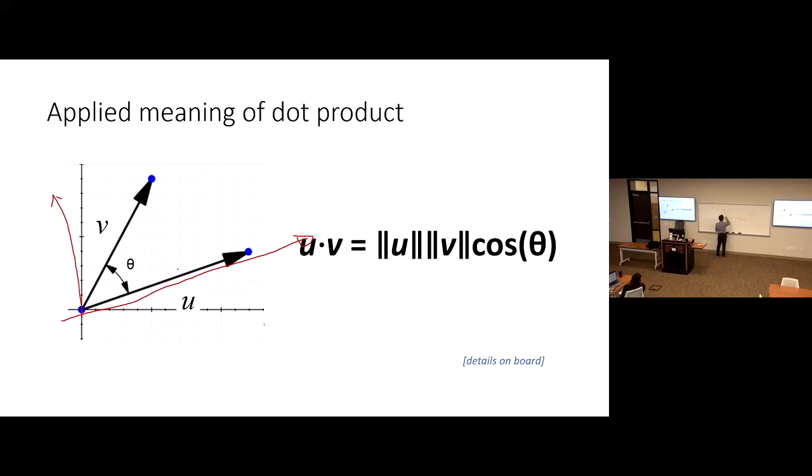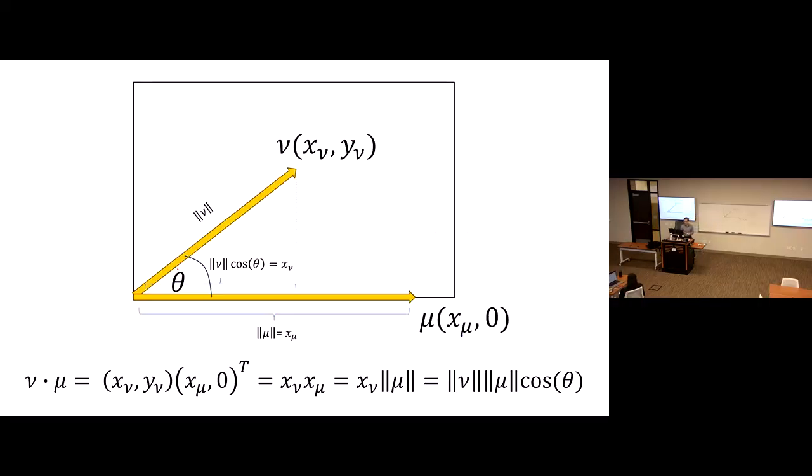Then my second vector v has position (x_v, y_v), so two values. And of course, this is theta. So that's basically the setup of what I wrote here.